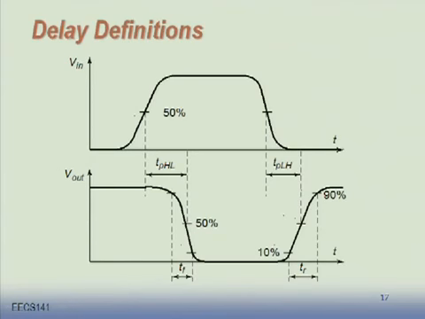The other thing that we care about is the delay definition. That's a very important thing, right? We would like to find out how quickly this gate can switch. Put a bunch of them together in a path, how quickly we can get the signal from the input of the path to its output.